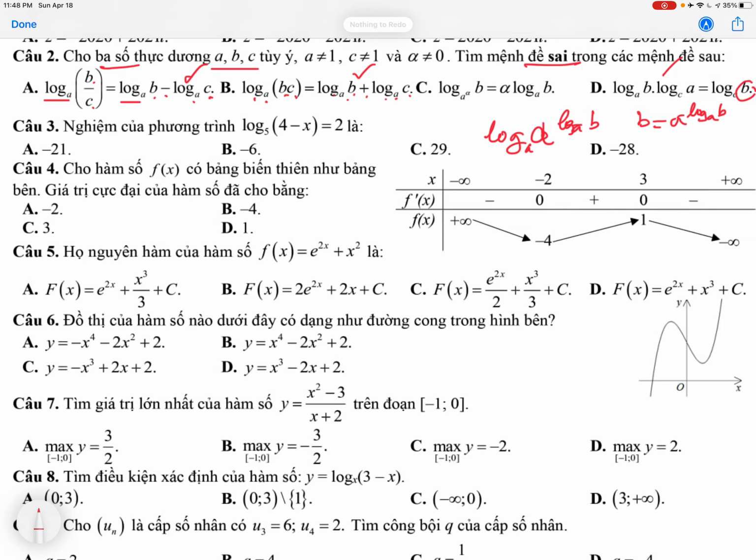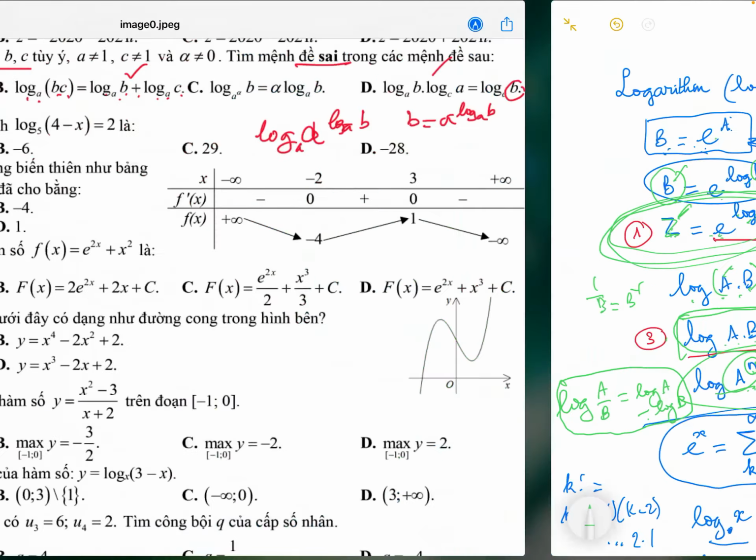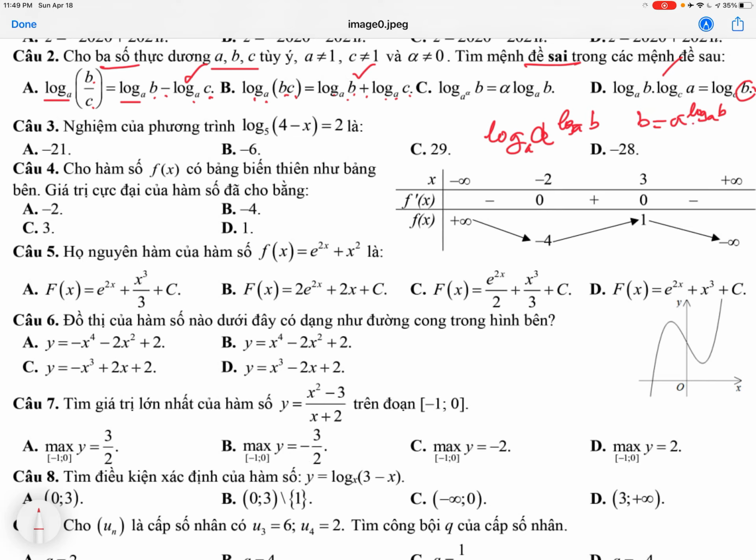And because of that formula that we talked about, when you have something raised to a power, you bring that power outside of the log and multiply by the log. So this one then becomes, you bring it up here, it becomes log base a of b times log. I lost myself. Let me erase and rewrite it so you can see that clearly.